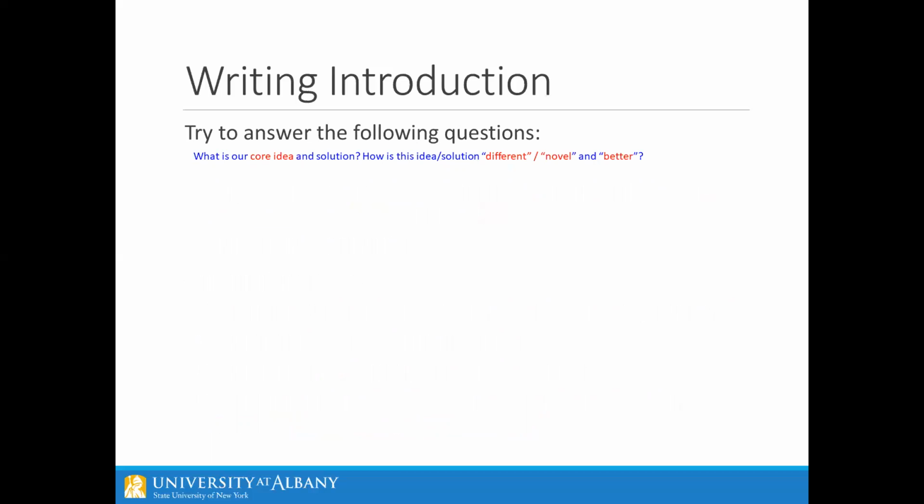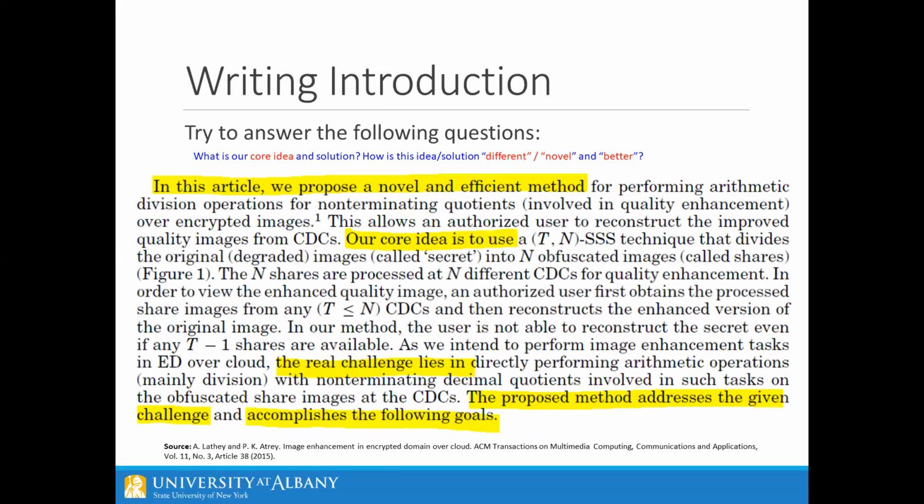This example is coming from one of my previous papers, of 2015, and it says: in this article we propose a novel and efficient method, and our core idea is to, and the real challenge lies here, and the proposed method addresses the above given challenge and accomplishes the following goals. So this kind of thing could be added in reports.